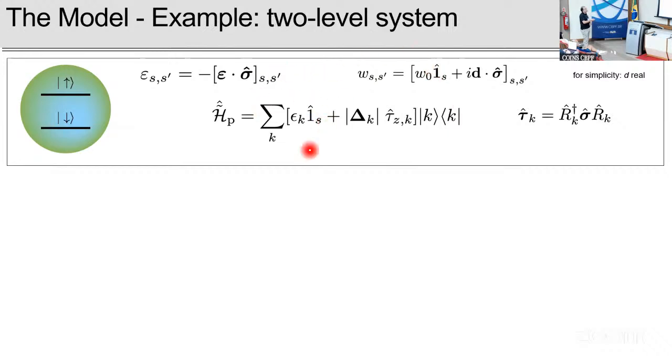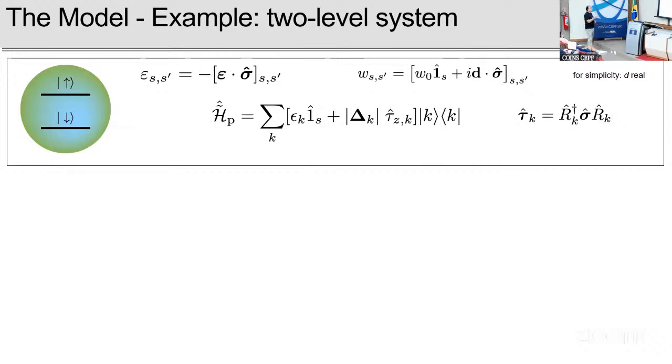Once you take this, you can diagonalize and you have two bands, with some K dispersion. The particle moves.